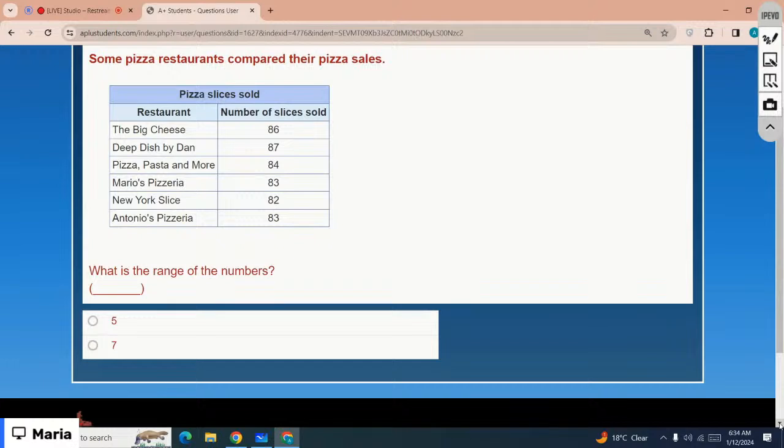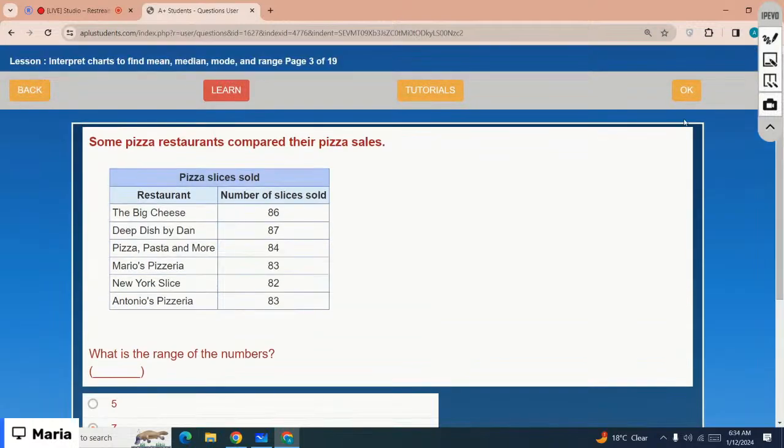Yes, the correct option is 7. Range is the difference between the greatest and the least value. Yes, that is the 7 for the given data.